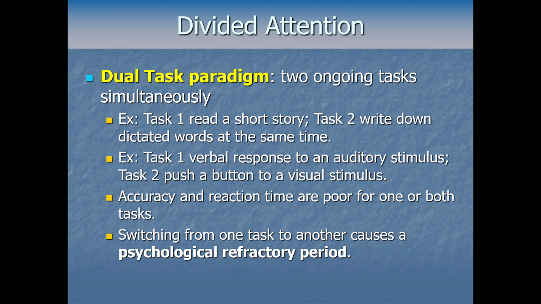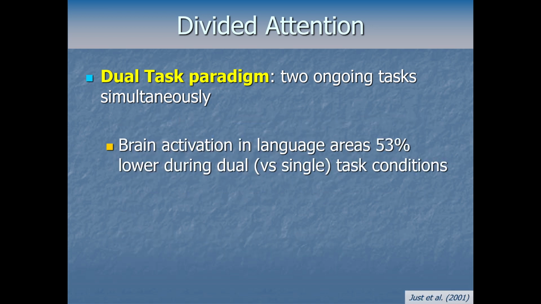In essence, there may be a kind of processing bottleneck that makes it hard to do both tasks at the same time, because when the resources are engaged for one task, it's more costly or takes time to switch to the other task. So when we investigate this from a cognitive neuroscience perspective, maybe scan the brains of people doing a dual task experiment, we find that, for example, language tasks have 53% less activation in language areas during a dual task condition compared to single task conditions, where they're just doing one language task at a time.